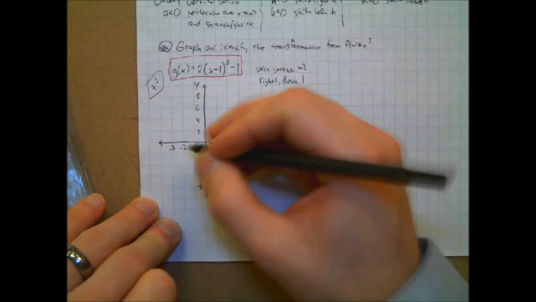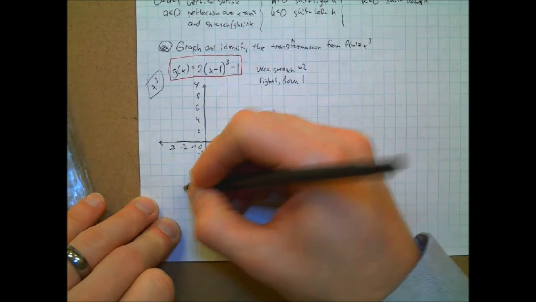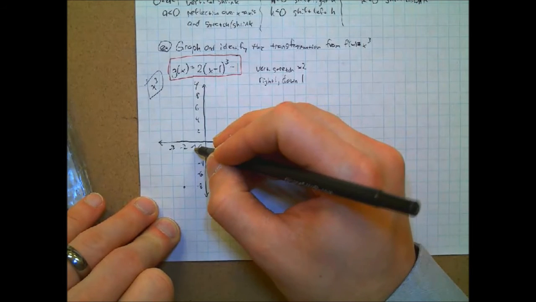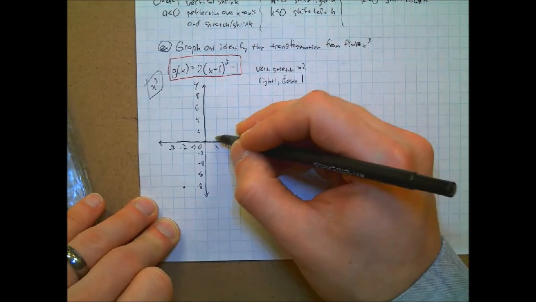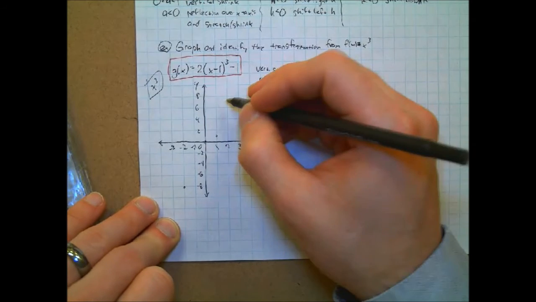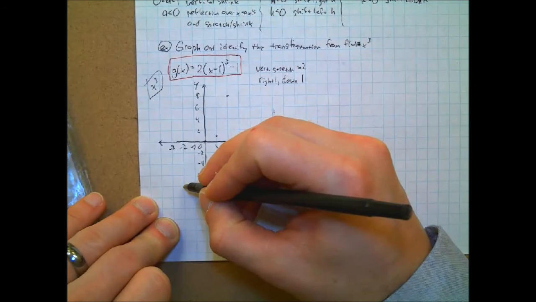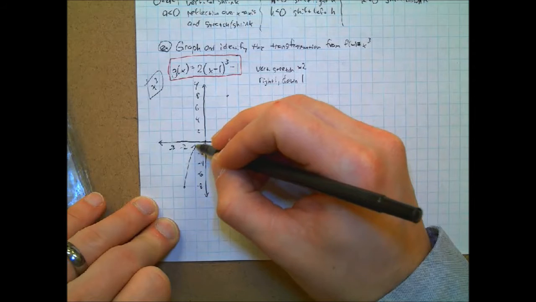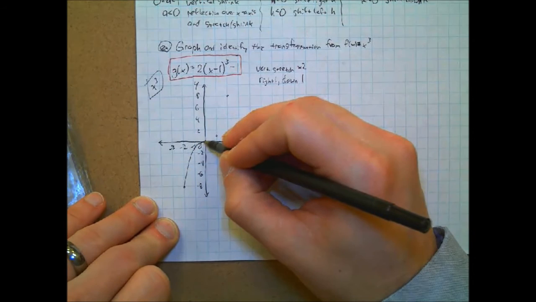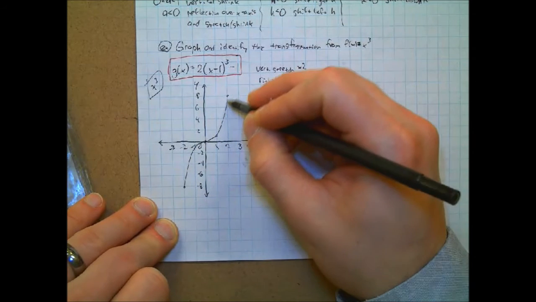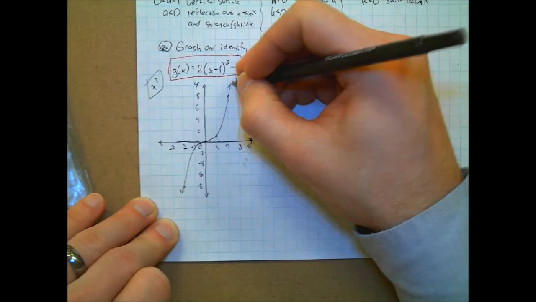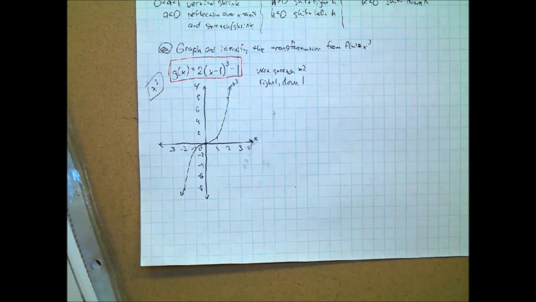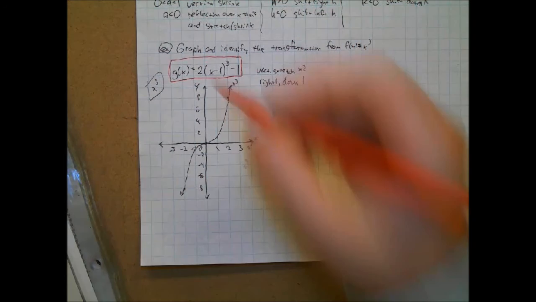So we had -2, -8. We had -1, -1. We had 0, 0. We had 1, 1. And we had 2, 8. Okay? I'll try and just lightly draw this in here. Okay, so there's x cubed right there again. And then our answer is this transformation.